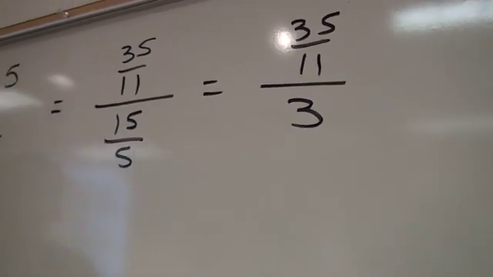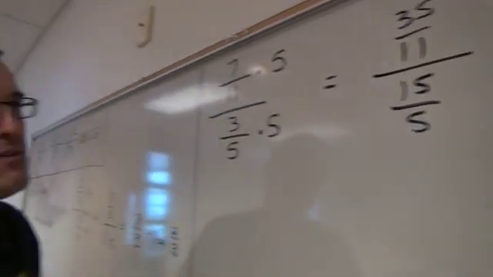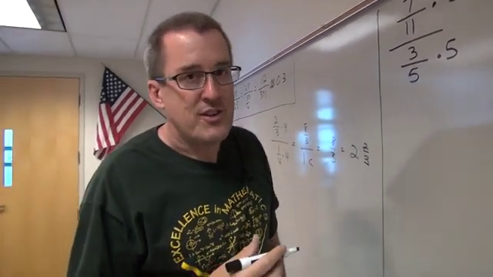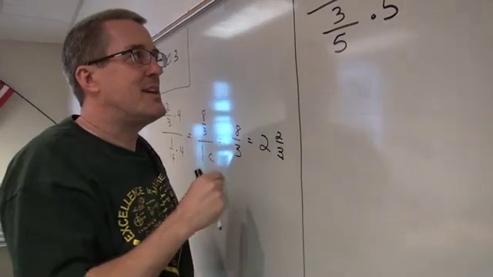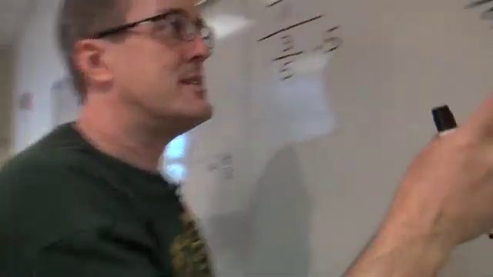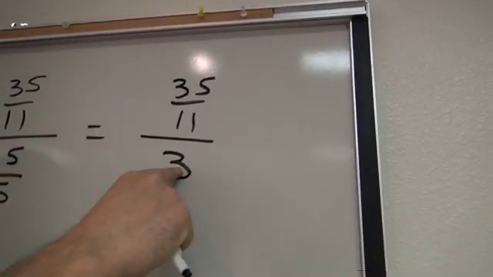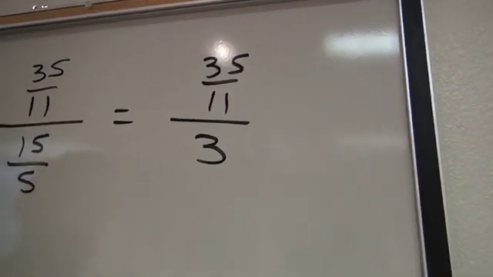So first, we scale up maybe by a factor of 5, and we get 35/11 divided by 3. So how many 3/5 are in 7/11 is equivalent to saying how many copies of 3 are in 35/11.